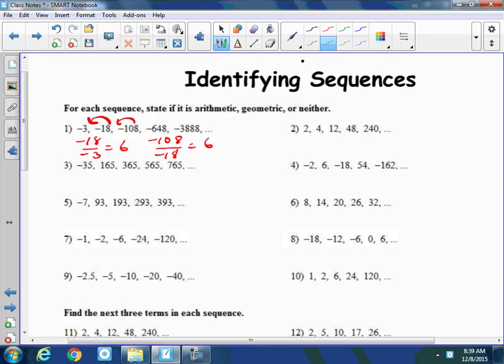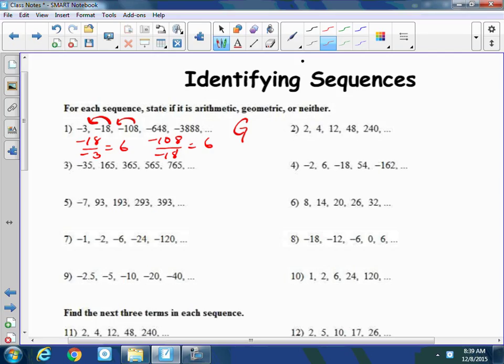So now, just to make sure, I'm going to say negative 108 times 6. Does that give me negative 648? Okay, multiply that again by 6. That should give you negative 3,888. So what kind of sequence is this one? I'm just going to write it.